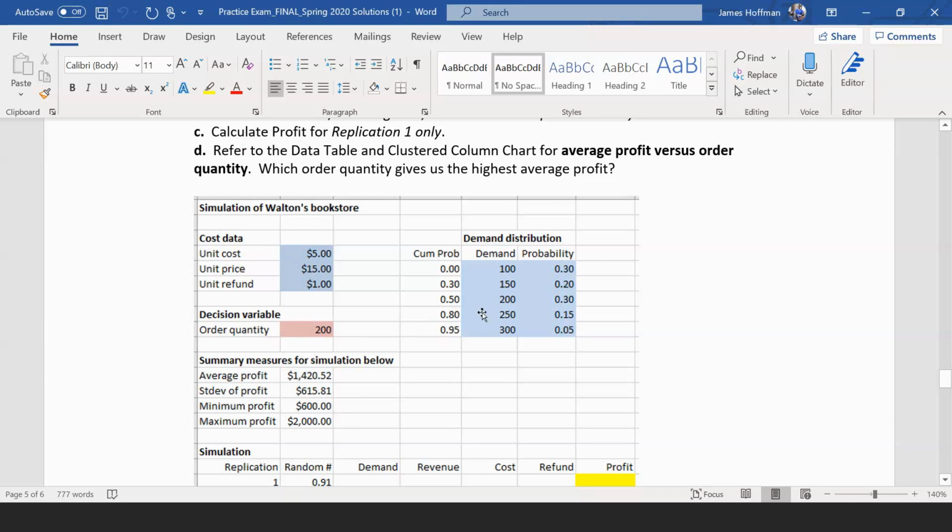So it's based on the random number because we want to make sure we cover the associated probability. So look at the random number, then look at the cumulative probabilities and report the demand that goes with 0.91. All right? Do we see that?